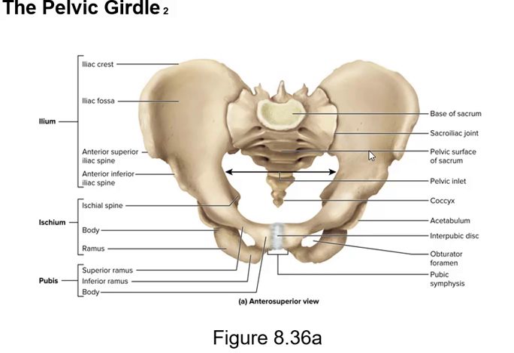So if you look at a guy, their hips are more pulled inward and aligned with their armpits, or their axillary region, if we want to be correct. And a girl has got to be able to pass a baby through.